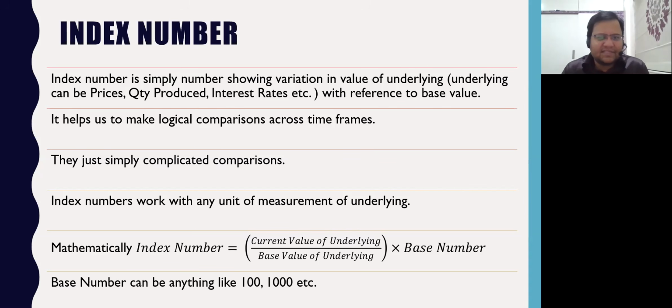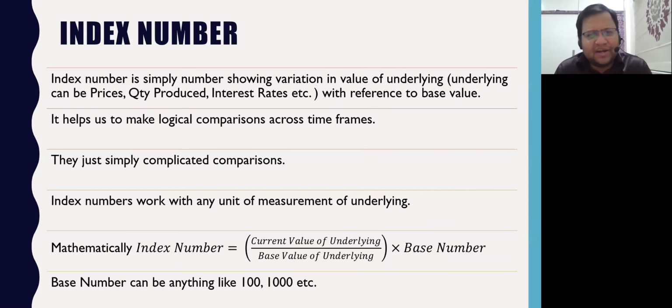Those who have learned income tax would have learned for capital gain calculations the cost inflation index, CII, for capital gain calculation in income tax. So let's say cost inflation index number is 1300. I don't know the exact number right now for income tax purpose, whatever it could be.